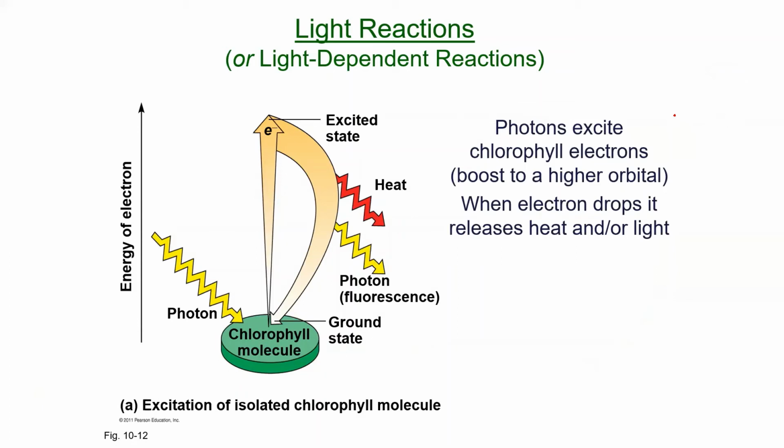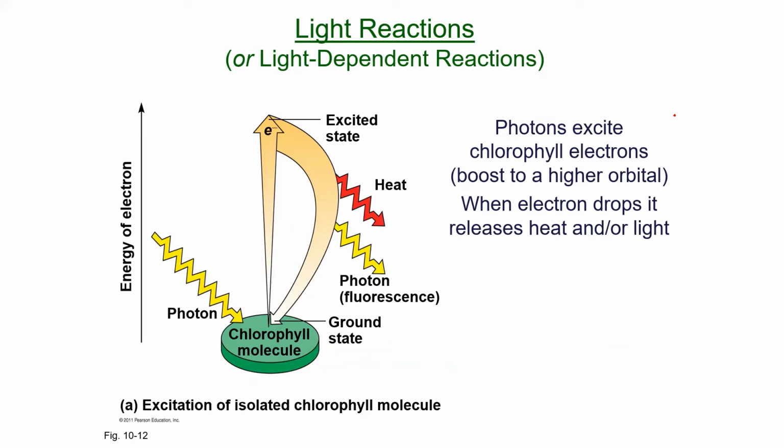Okay, so let's talk about these light-dependent reactions. That's actually a better way to describe these reactions. Sometimes people call them the light reactions, but light-dependent reactions is probably a better way to describe it. So what you're seeing here is a chlorophyll molecule. And some of you probably took Chemistry 101, and maybe you remember sticking different things into Bunsen burners, and they light up and make some nice colors.